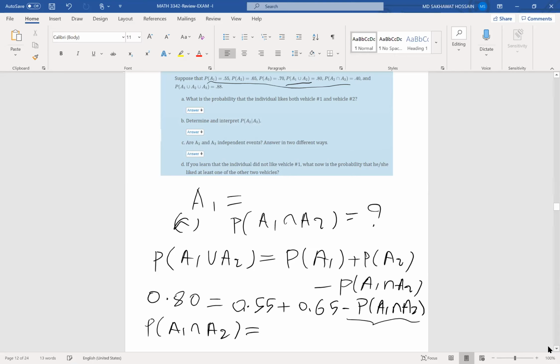That will be 0.55 plus 0.65 minus 0.80, which is 0.40. So the probability of A1 intersection A2 is 0.40. Do you have any questions?